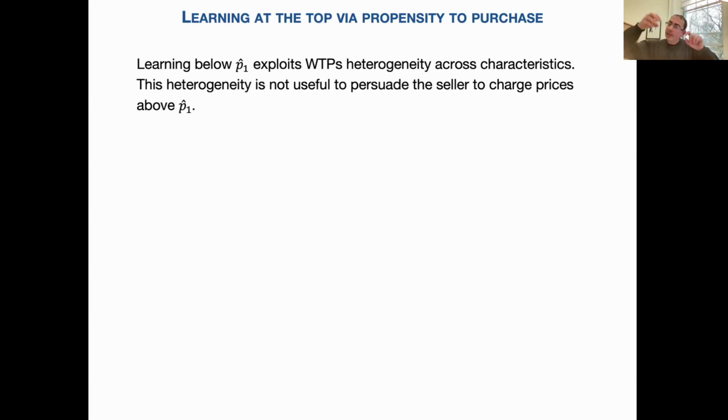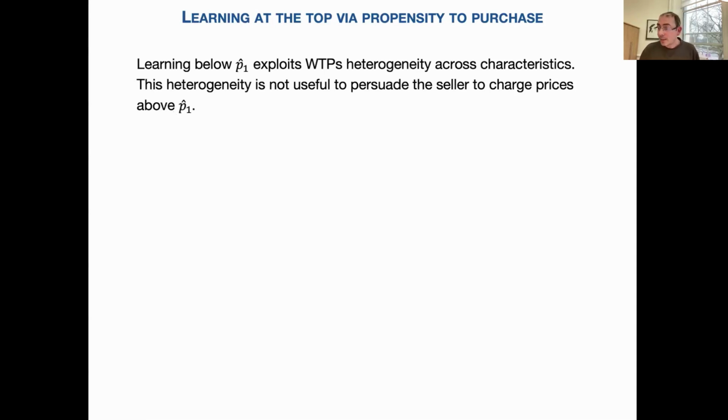We learned that different consumers with different characteristics belong to different buckets of willingness to pay, and then we mix them, and by mixing them, we can create segments where we can create a lot of price experimentation. But we also saw that we cannot use this in order to persuade the seller to charge a price above P1. Now, this is, in some sense, a very robust result.